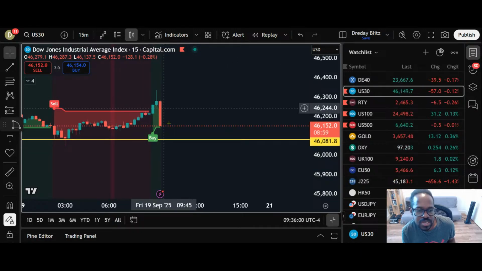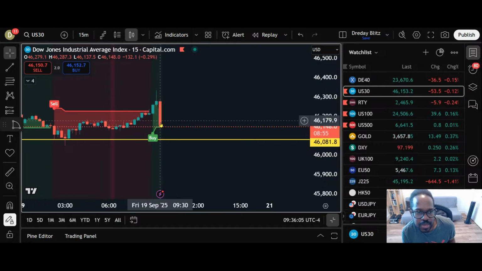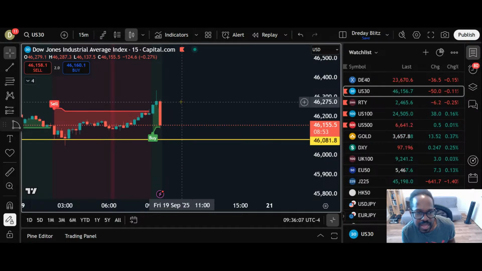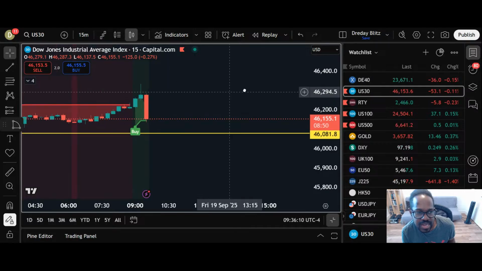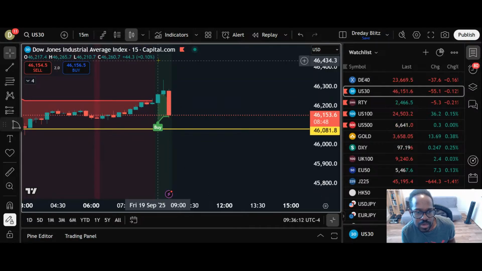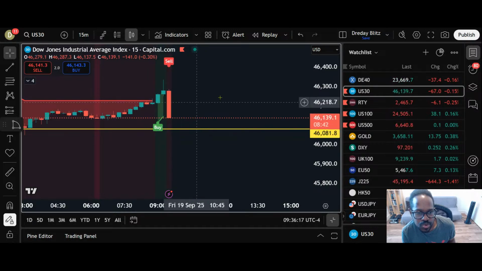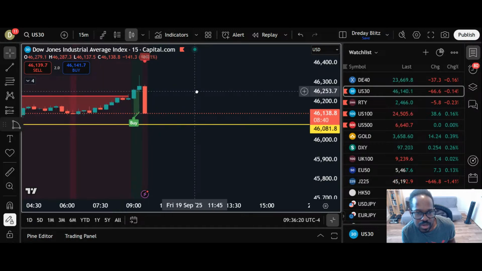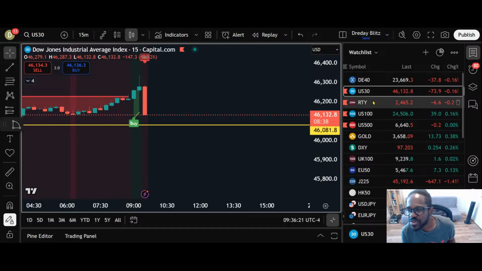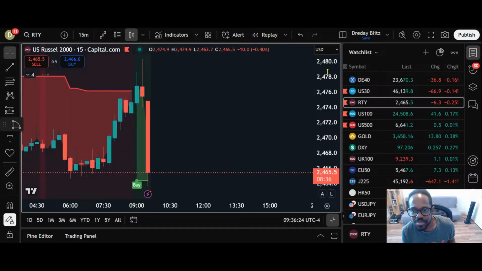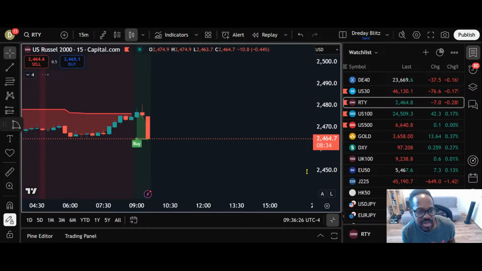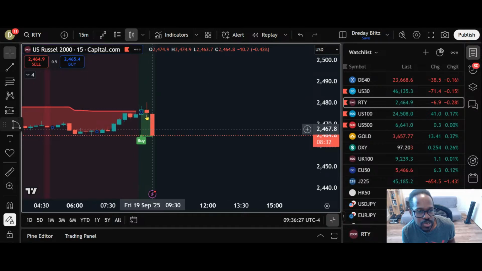But the reason why we have a sell is because of institutional liquidity that came in. As you could see, the big candle drop in the downside. So the liquidity here was pretty positive for a downtrend, for a sell, and that's why we're receiving a sell signal here on US30. Same thing for Russell 2000. You have a big drop here right now because of institutional liquidity that came in.